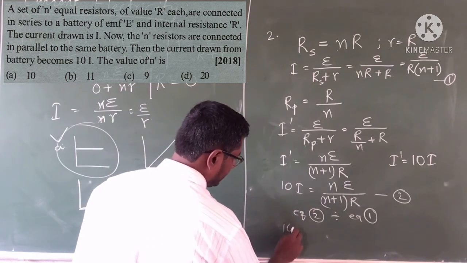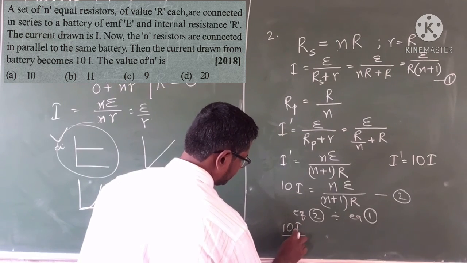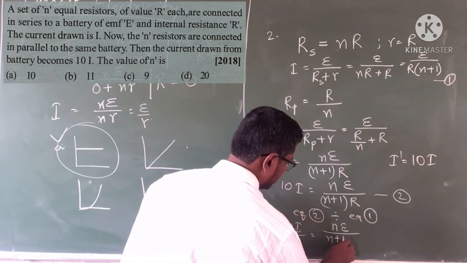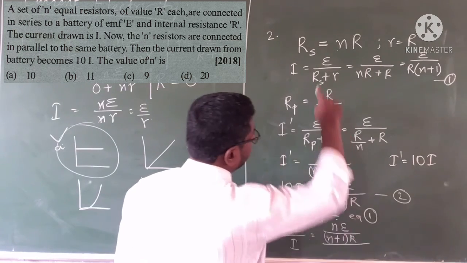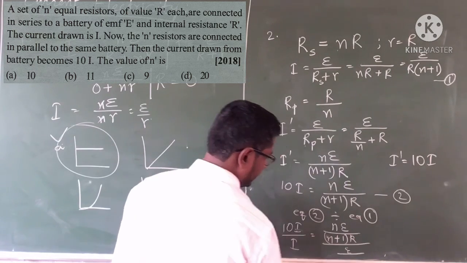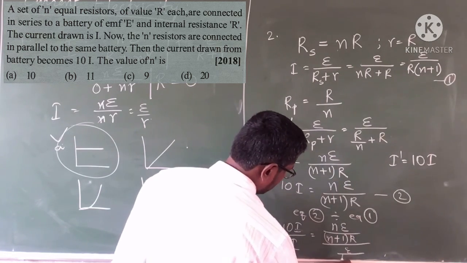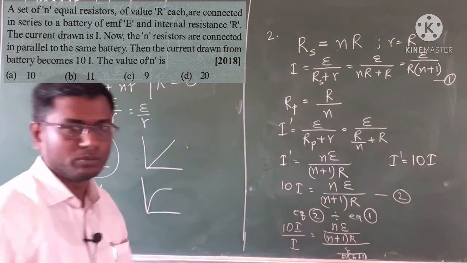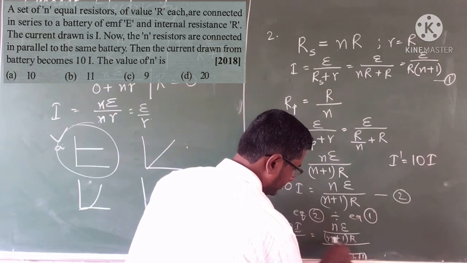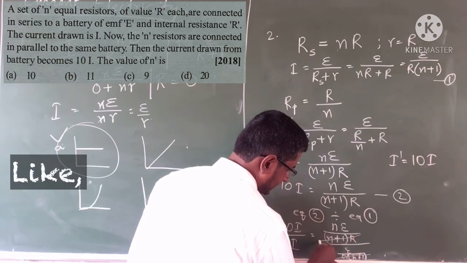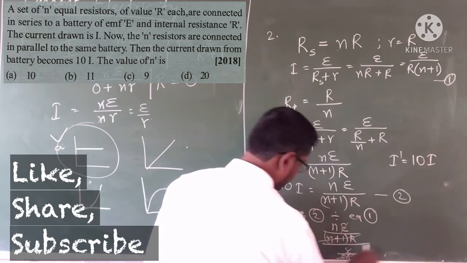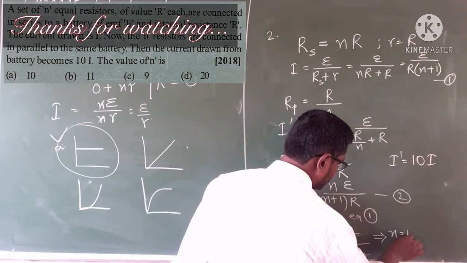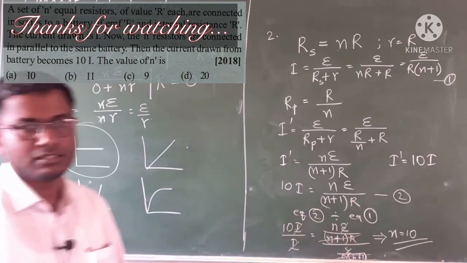So it will be 10 times I divided by I equals n times epsilon divided by n plus 1 times R, whole divided by epsilon divided by R into n plus 1. So I hope you are able to see that. There is R into n plus 1, there is R into n plus 1. These two will cancel out. Epsilon and epsilon will cancel out. On the left hand side, I and I will cancel out. What I am left with is only n equals 10. So the answer for the question is n equals 10.